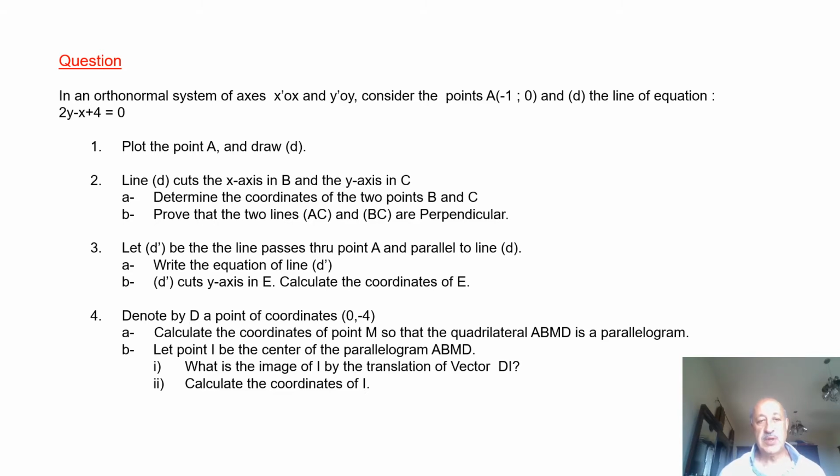So in order not to confuse you, let's write the equation 2y minus x plus 4 equals 0 in its reduced form, meaning solve for y in terms of x. Let's go now to the orthonormal system and locate point A and draw D.